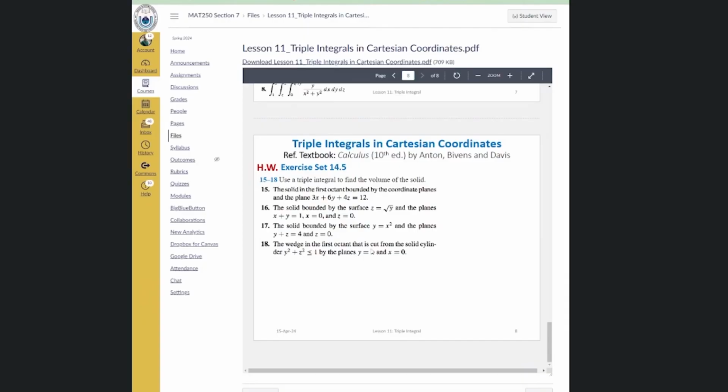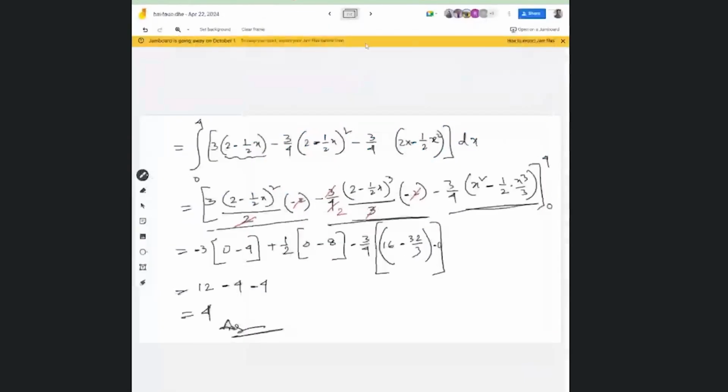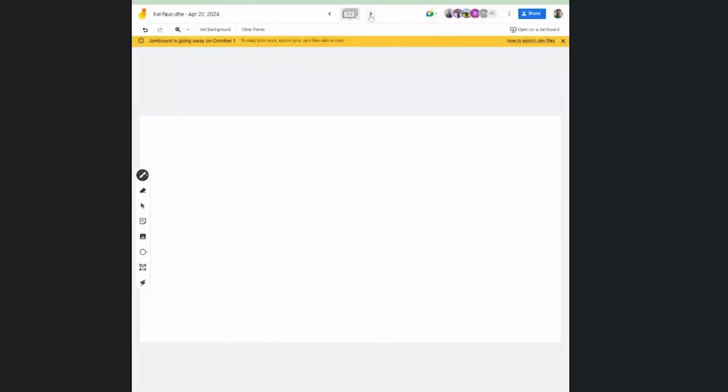This is the first octant that is cut from the solid cylinder y square plus z square less than or equal to 1 by the planes y equal to x and x equals to 0. What will the graph look like if we want to draw it? This is number 18: y square plus z square less than or equal to 1.